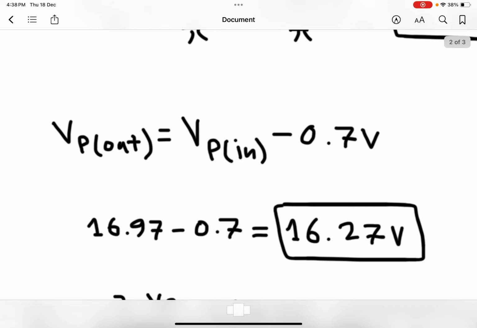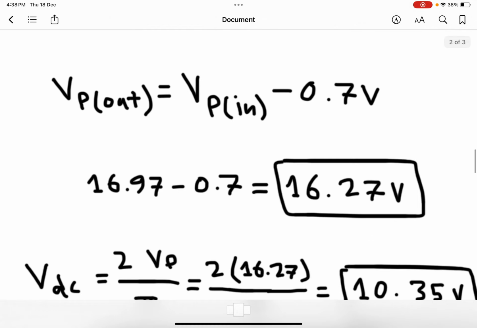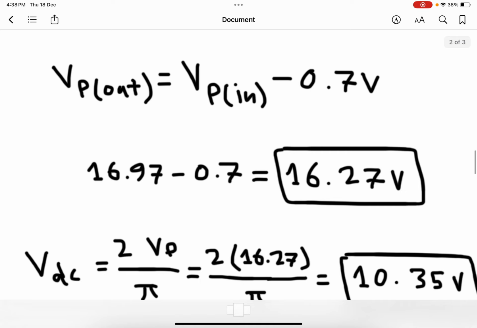As we said, the 0.7 volt comes from the voltage across the diode. So now we will substitute the numbers: 16.97 volt minus 0.7 volt, which is equal to 16.27 volt.